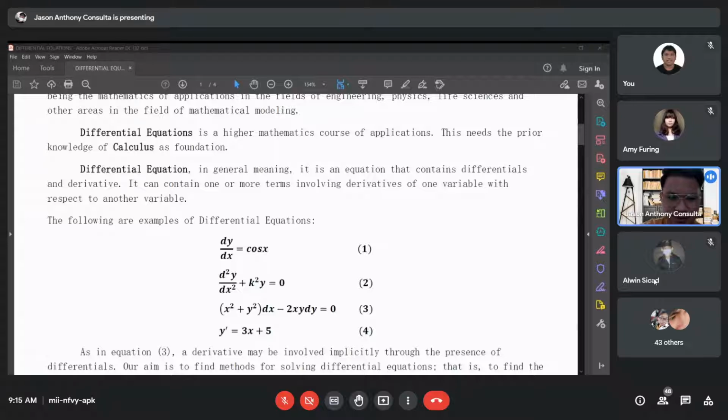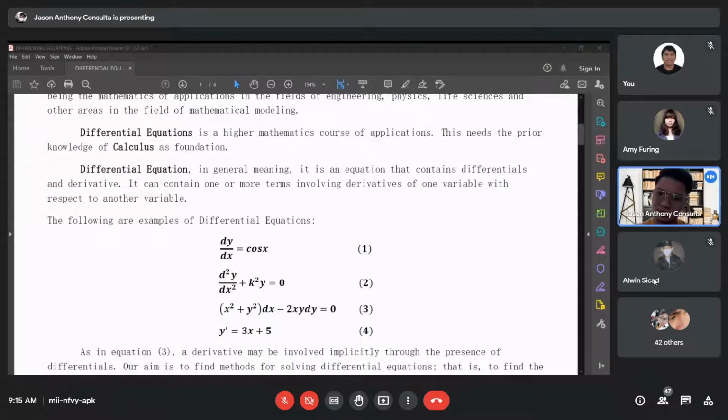Ito kasi separate pa yung dx tsaka dy. So, pwede rin siyang basahin na the quantity x squared plus y squared dx minus 2xy dy. Okay? Pero pag ganito na siya sa first or sa second, mas maganda basahin natin siya ng derivative of y with respect to x. But still, tama yung sagot ni Ami.